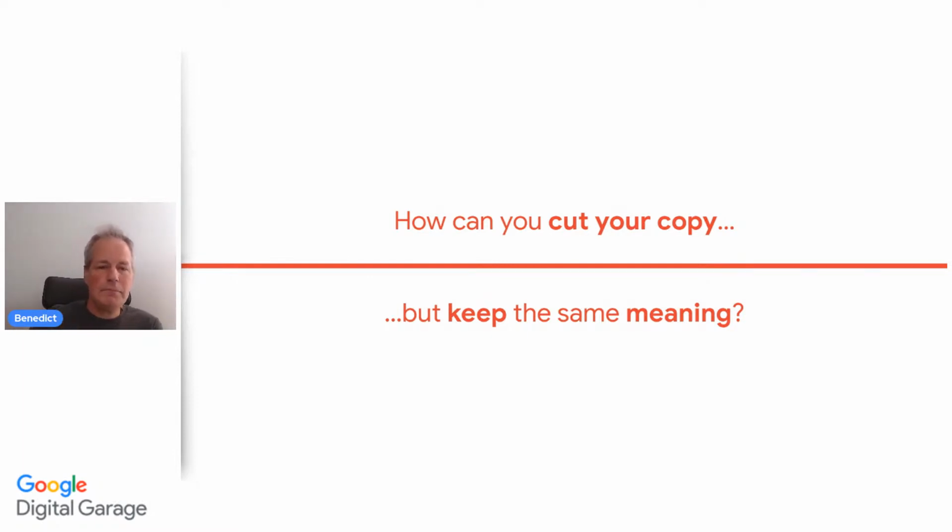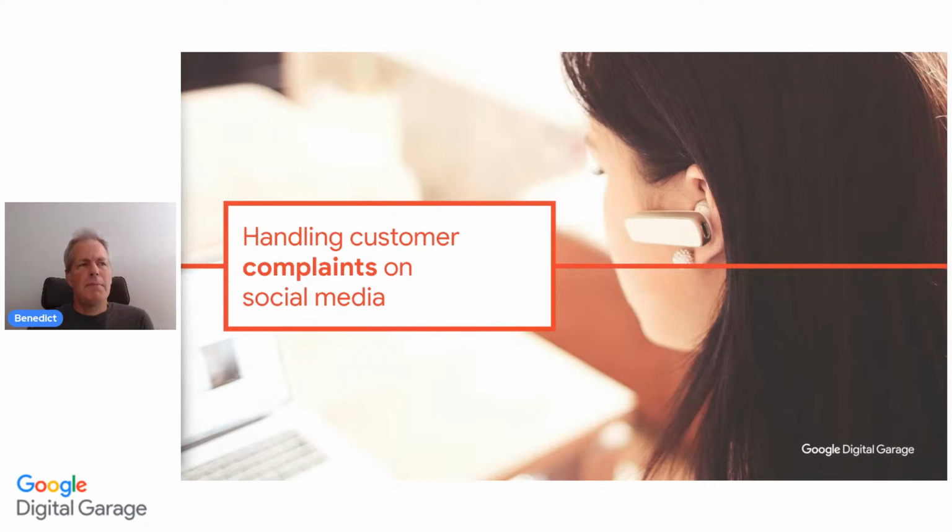Okay. Now, one of the big things that you'll come across is handling customer complaints on social media. Now, the point is, you've got to always try to be polite and professional. Respond without accepting responsibility yet. Ask them to contact you directly to resolve it.